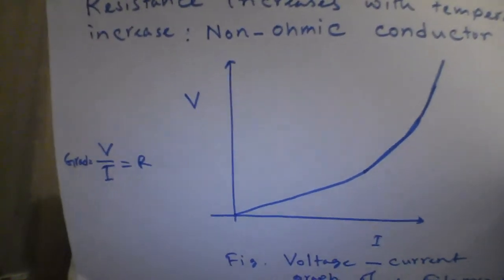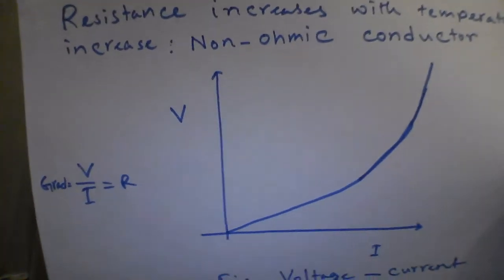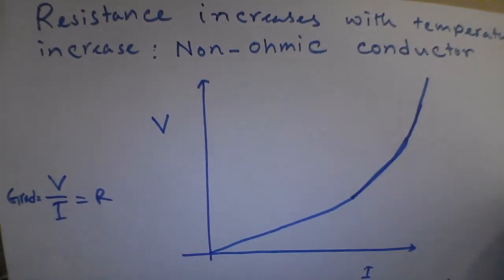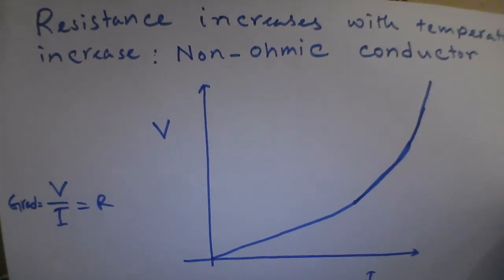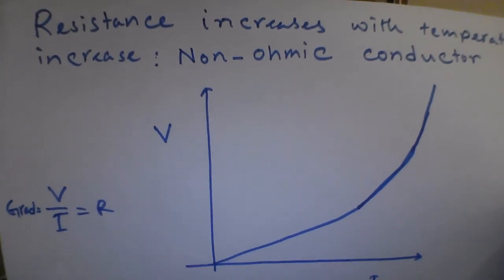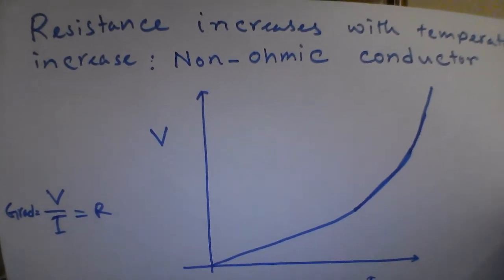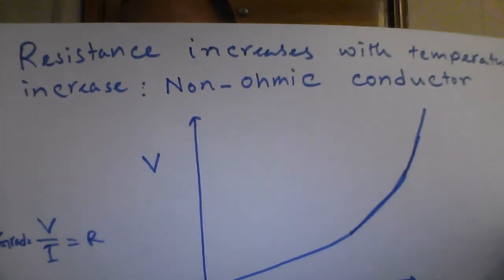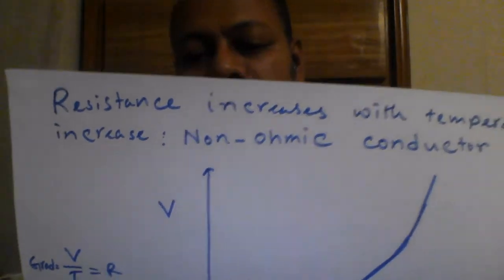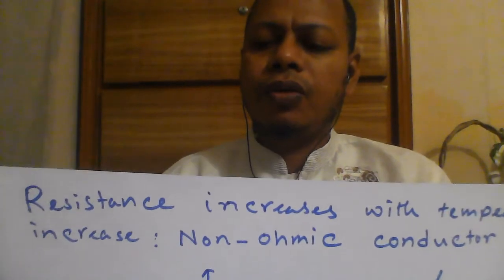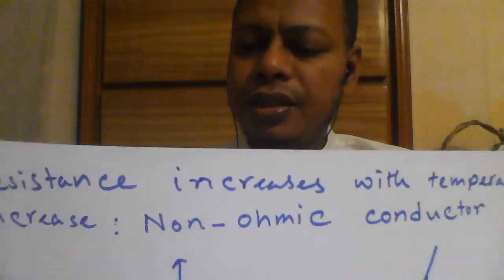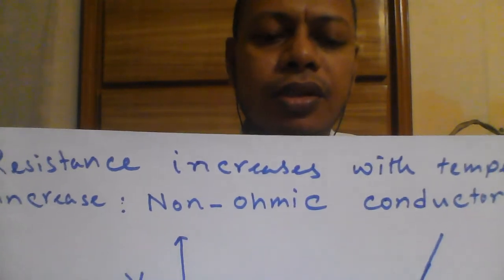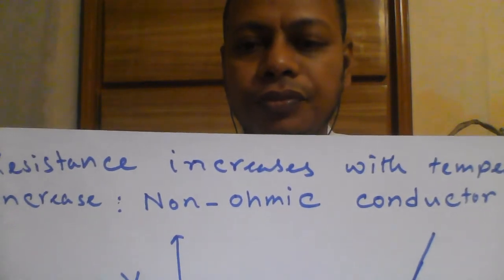So this gradient, as V is here at the top and I is down, so V is the numerator and I is the denominator. So if you take the ratio, R will increase. So we can decide that with temperature increase, the resistance of the conductor increases.